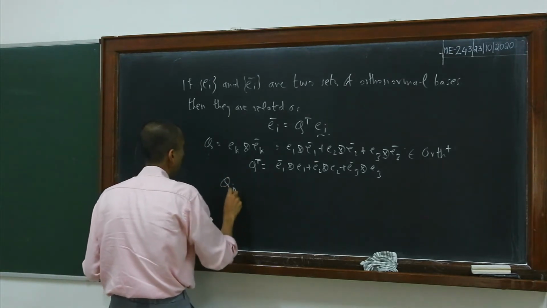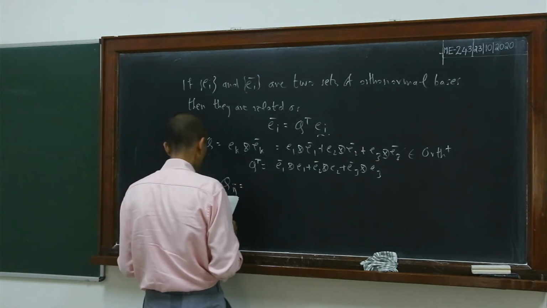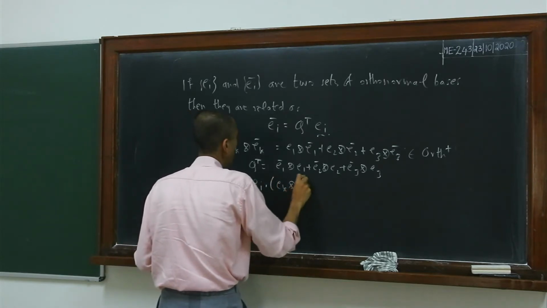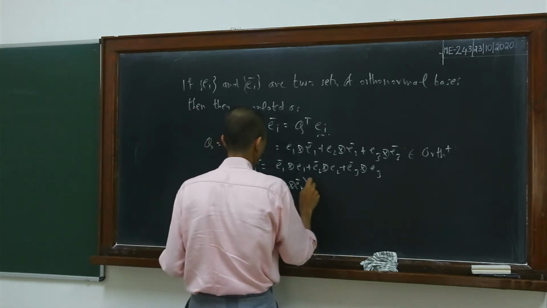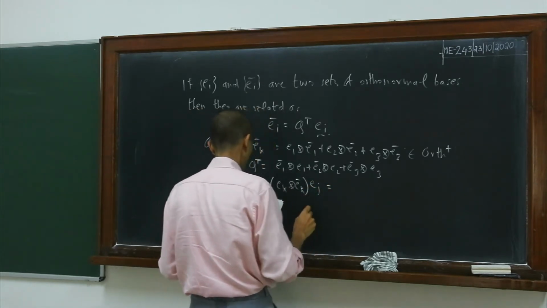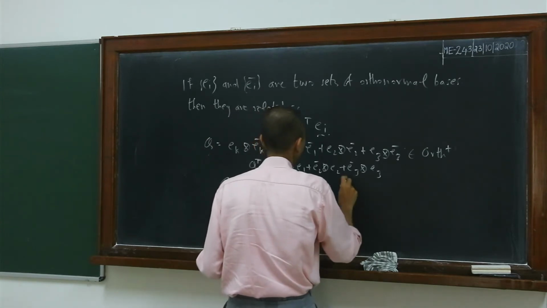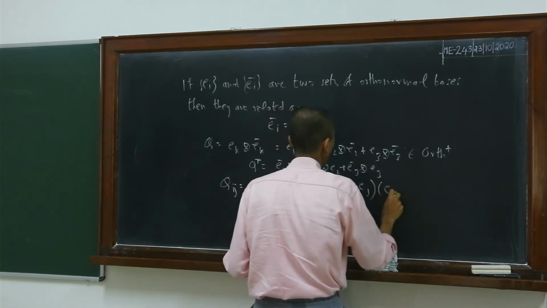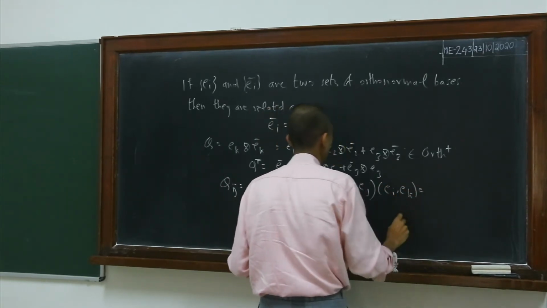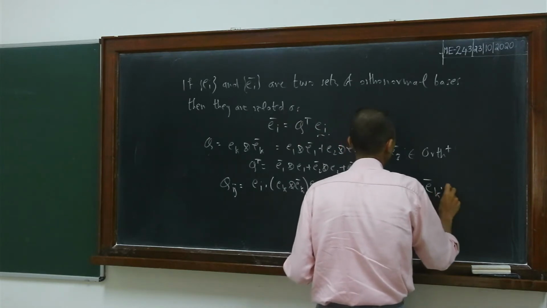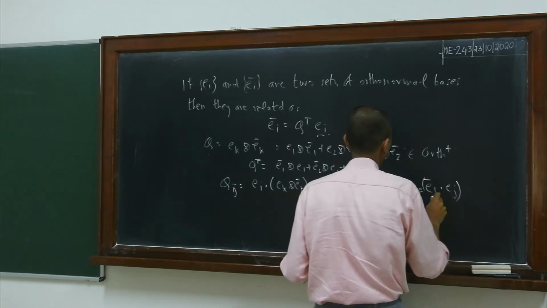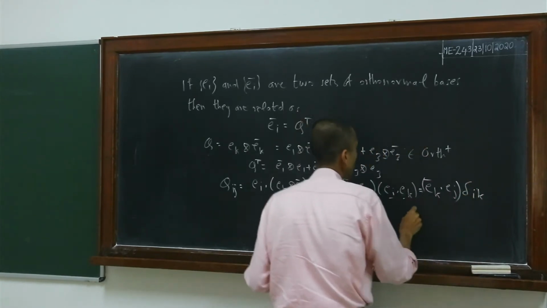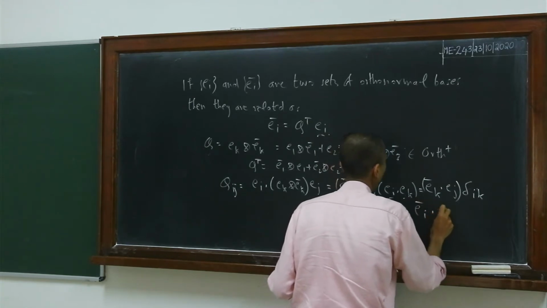So Qij is equal to Ei dot Ek bar times Ej, and this can be written as Ek bar dot Ej times Ei dot Ek, and this is equal to Ek bar dot Ej times delta ik, and this is equal to Ei bar dot Ej.